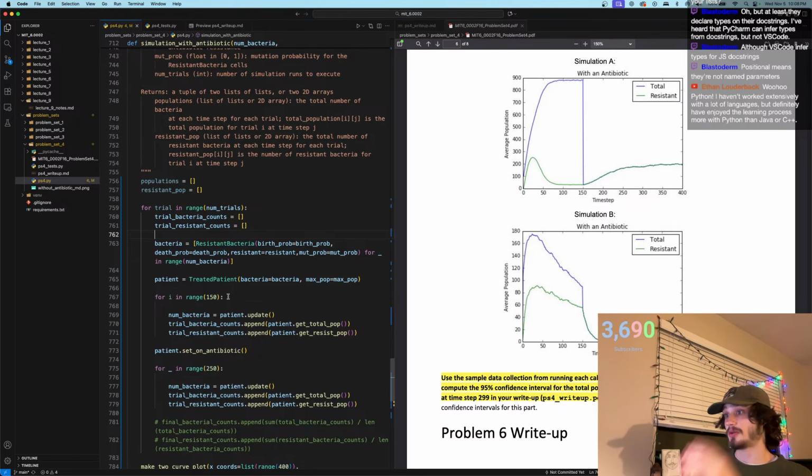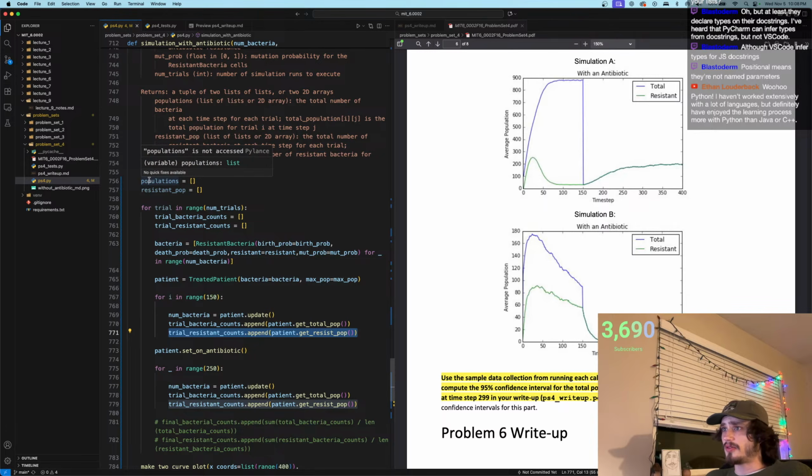All right, we create a patient and we're going to go 150 times and update the patient 150 times, and append to the bacterial count 150 values and 150 values here. So now we have a list of 400 values.